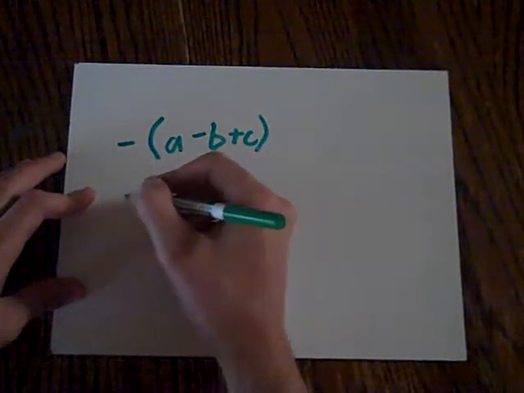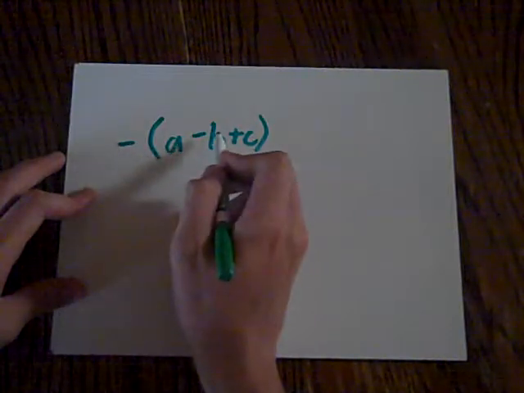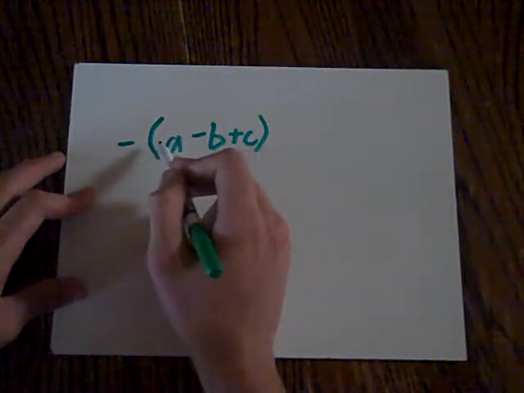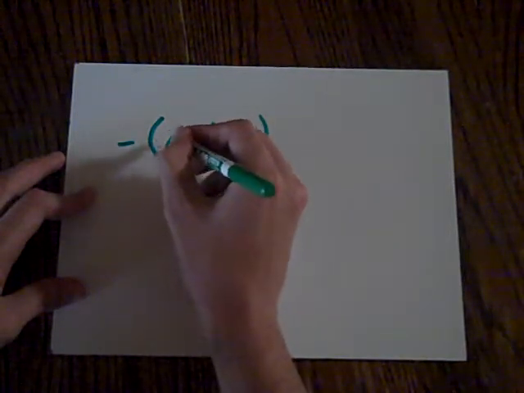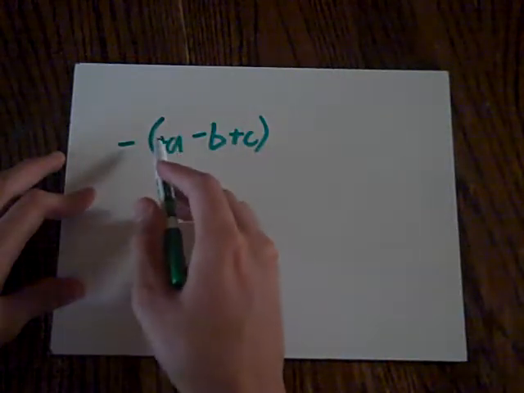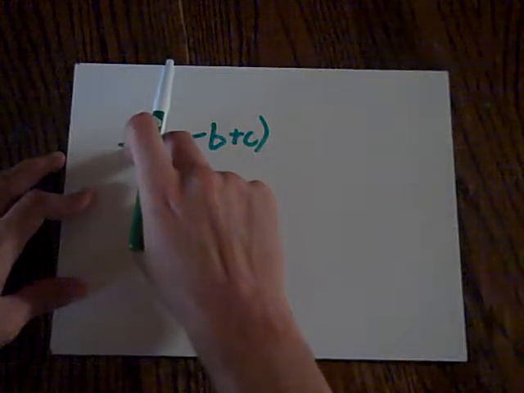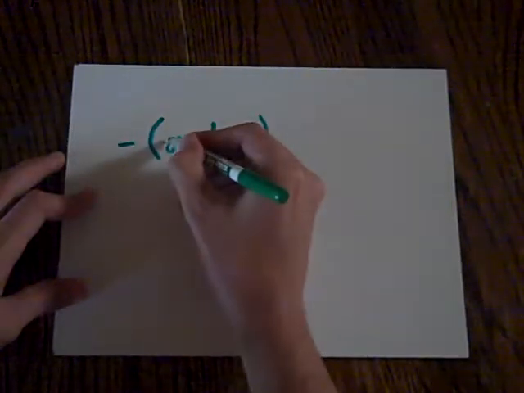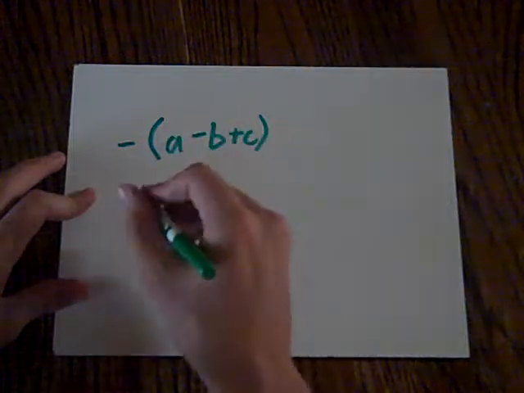That negative sign, when distributed, switches every other sign. So you see this A is actually a positive A because there's an invisible positive sign there. And so basically what we want to do is distribute. So let's do that.